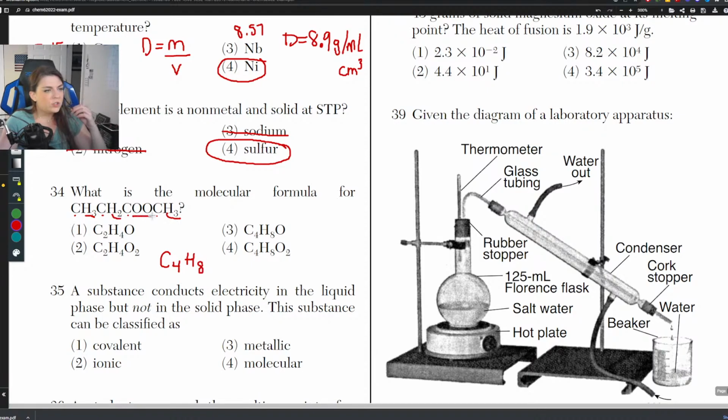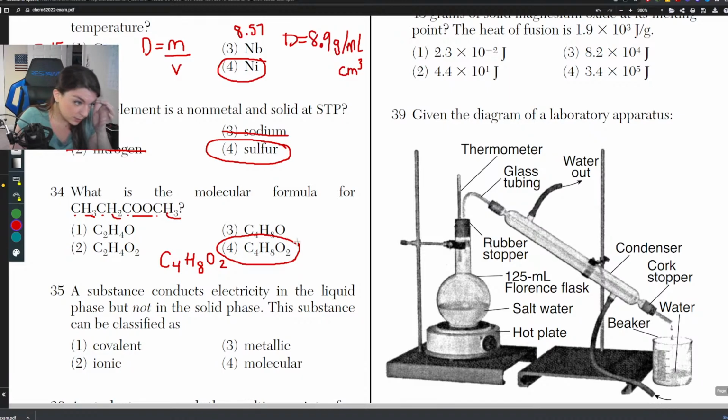And then I have 2 oxygens right there, so that'll give me O2. And that would be it. The molecular formula is the real, true-life formula of a specific compound, not to be confused with the empirical formula, which is just the ratio of elements, one to the next.